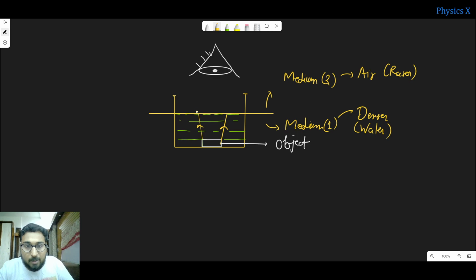So what will happen again, if I draw this normal, again you need to draw this ray diagram clearly, that's all we have to do. So again this will try to deviate away from the normal, so it will go somewhat like this. But if you back trace these rays, it will be coming somewhat like this.